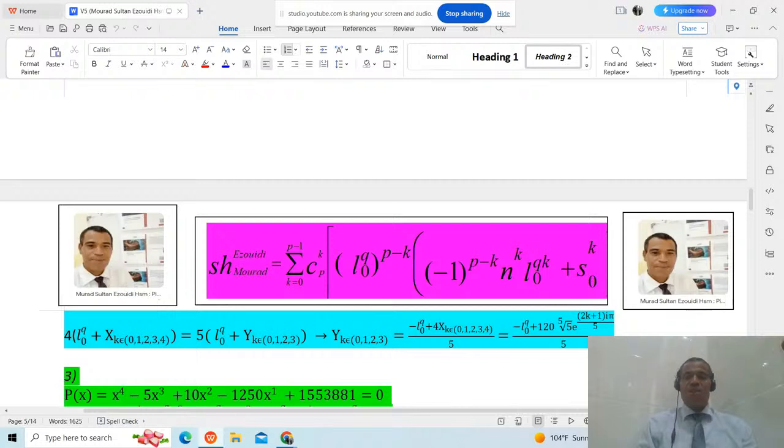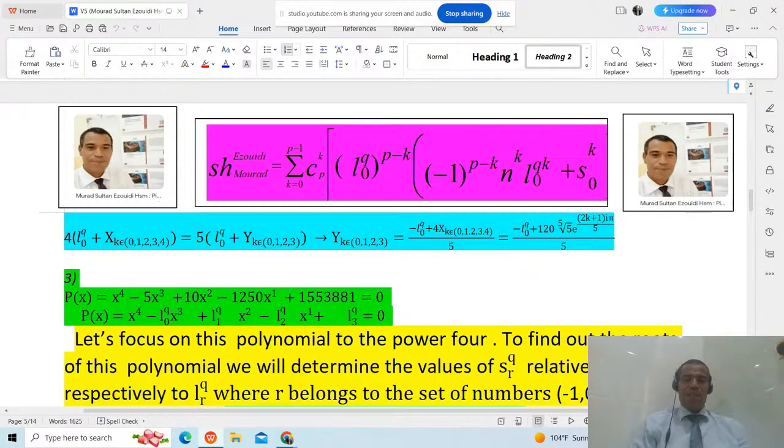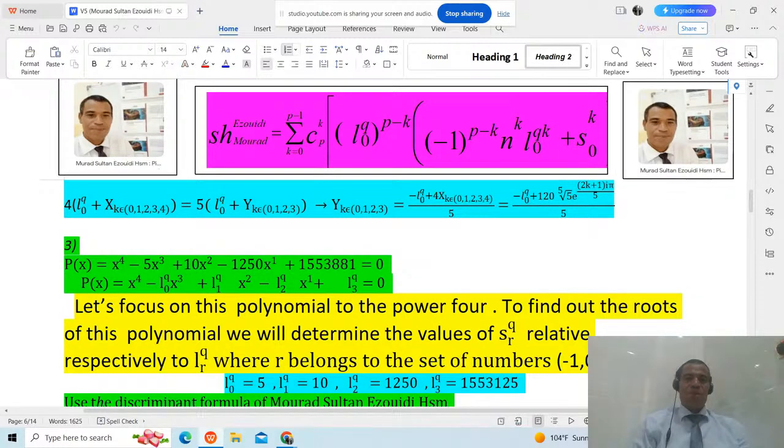Whatsoever the power of the problem, you can solve it. Don't say we cannot do that, because everything is now with you. Just be familiar with the discriminant formula and the polynomial, and you will get your roots immediately.